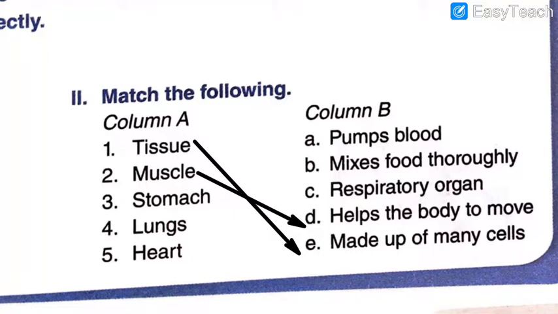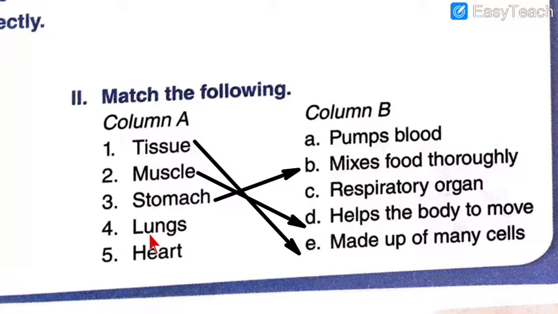Number 3, stomach. So it is very simple. Stomach mixes the food thoroughly. This is what the role of the stomach is. If you have watched the previous explanation video, you should be able to answer it before I match it on the screen.